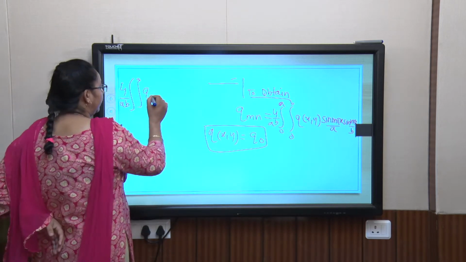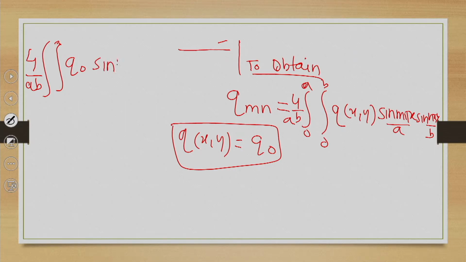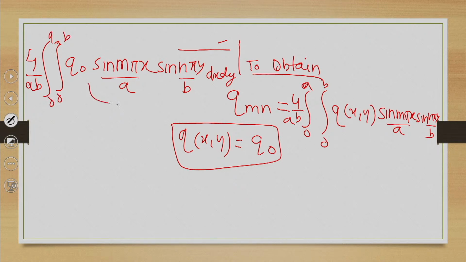Let us say Q naught sin m pi x by A sin n pi y by B dx dy, 0 to A, 0 to B. This is solely a function of x, and this is solely a function of y, so we can integrate.